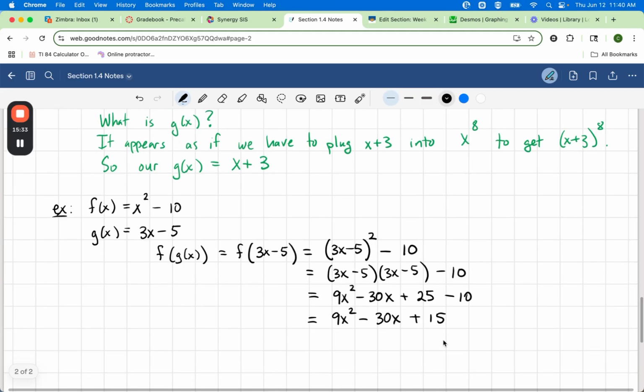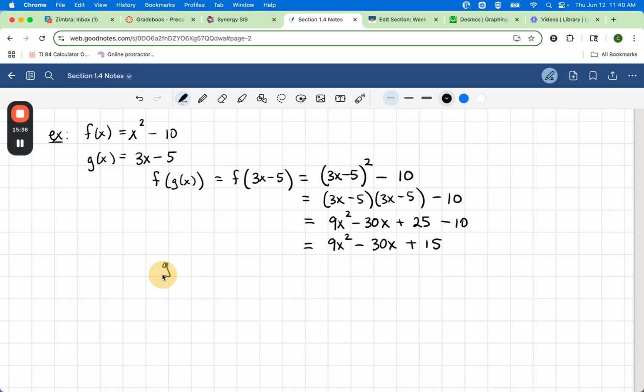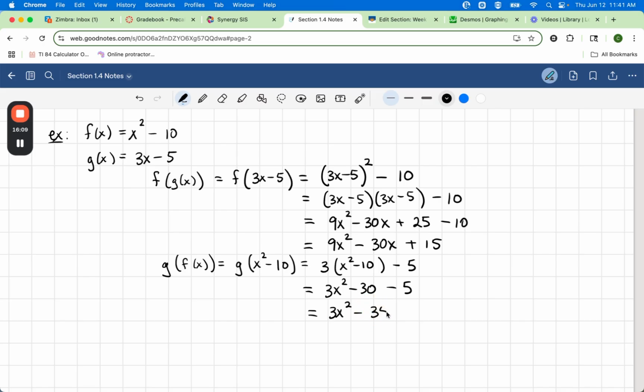Let's do g of f of x. So g of f of x is telling us take x squared minus 10 and shove it in for x in the g function. So that's going to be 3 times x squared minus 10, minus 5. Distribute the 3. Combine the like terms, and we get 3x squared minus 35, final answer.